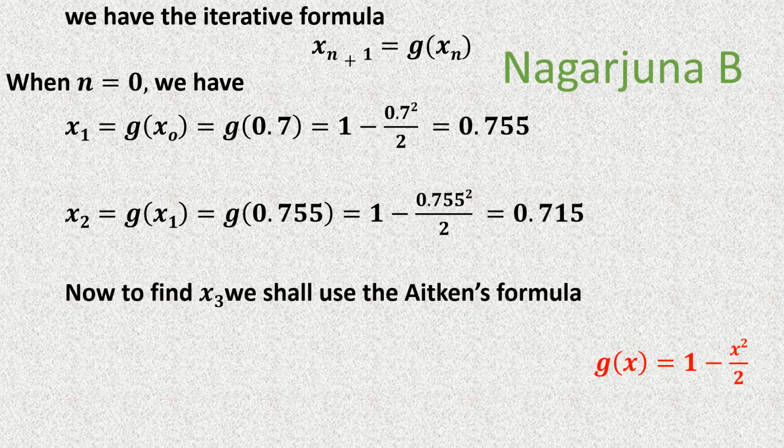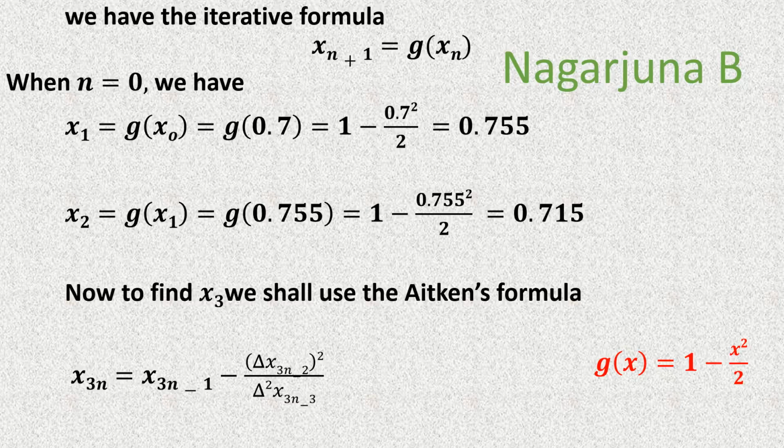To find x3, we shall use the Aitken formula, and that formula is x_{3n} equal to x_{3n-1} minus (delta x_{3n-2}) whole squared divided by delta squared x_{3n-3}.